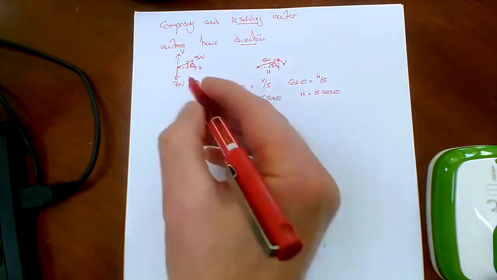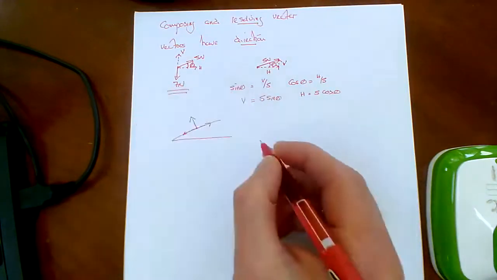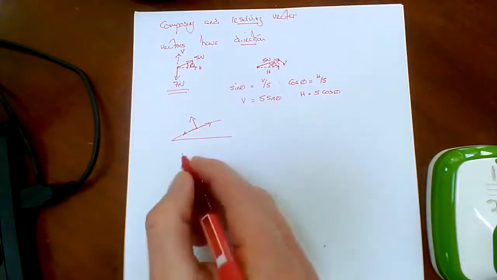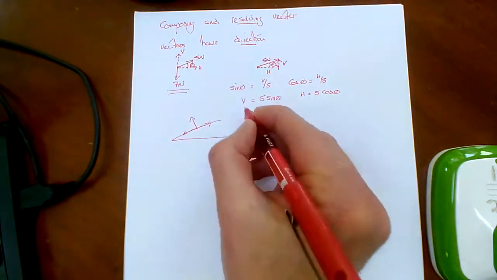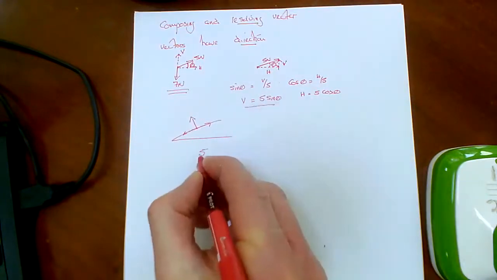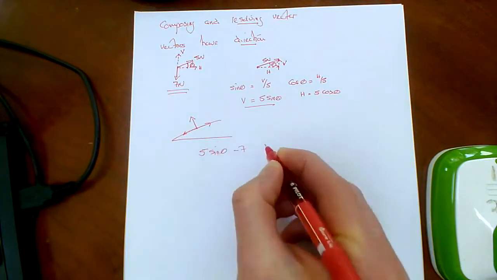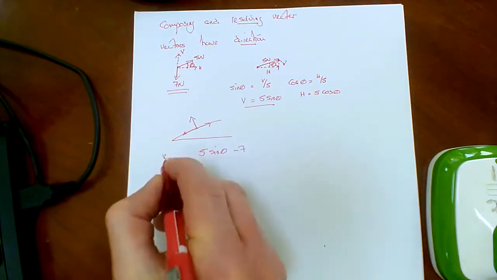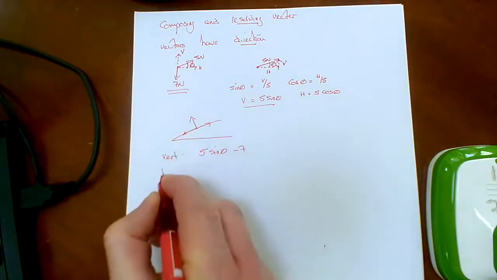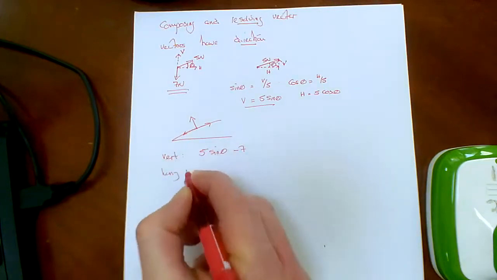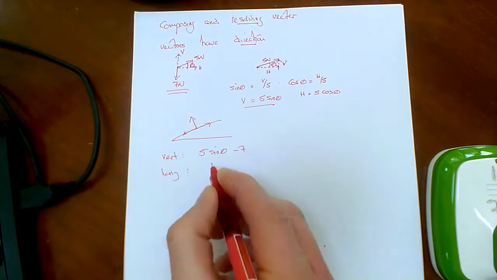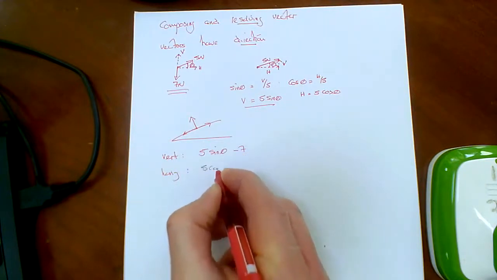So you would say in this example here, you would have vertically 5 sine theta minus 7. There's vertically. And horizontally, well, the 7 doesn't have any effect. So horizontally, you've got 5 cos theta.